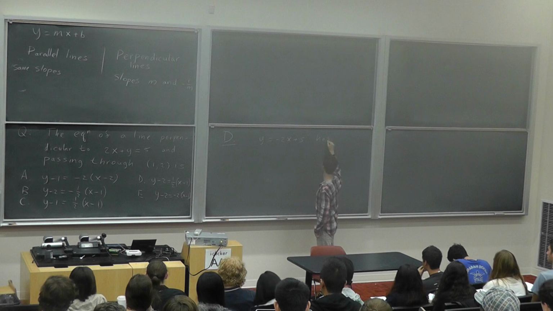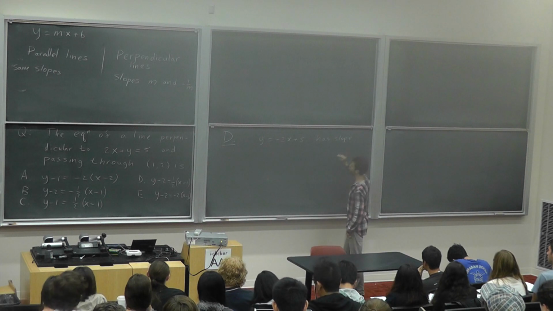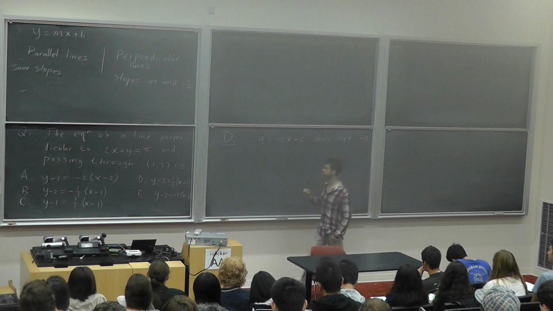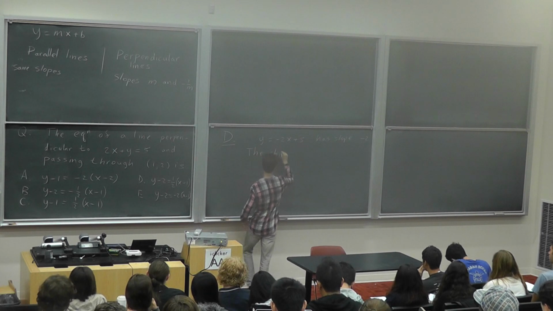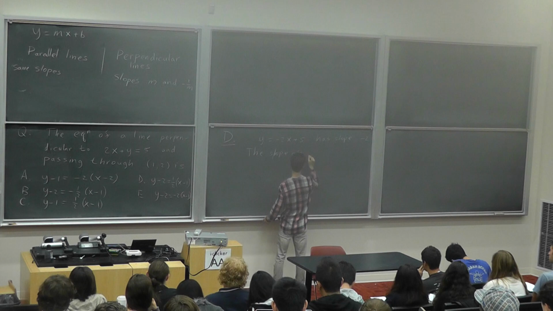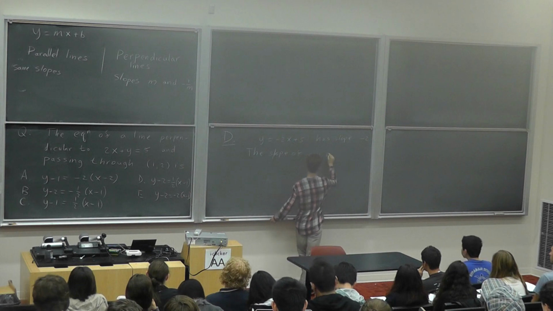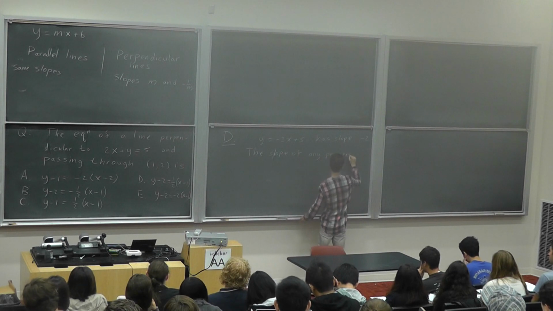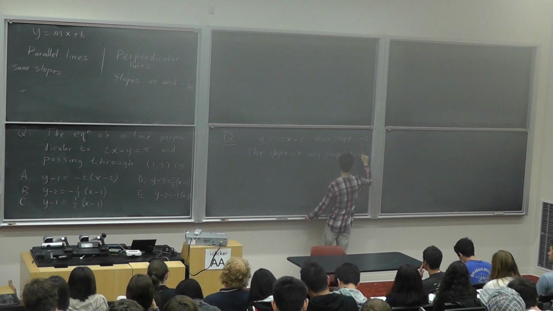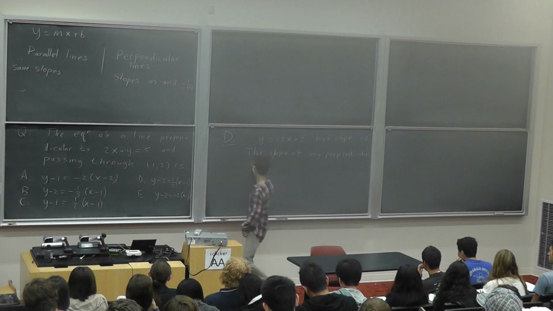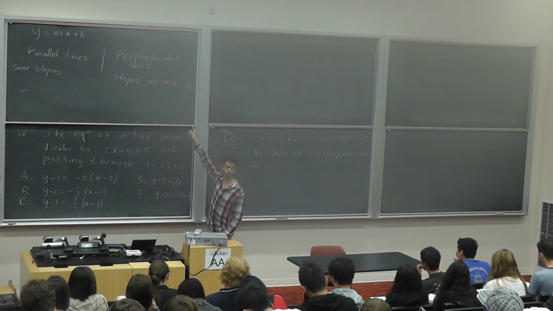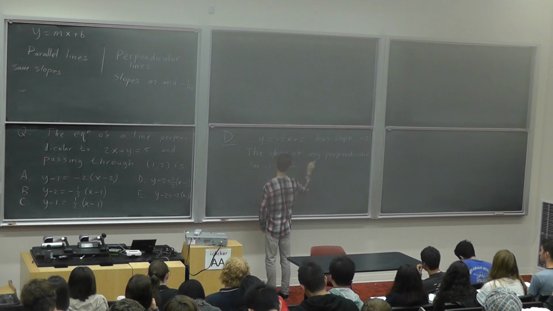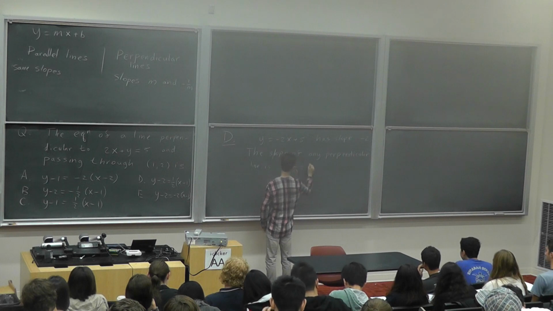This line has slope -2. So the slope of any perpendicular line is, we go to this fact, so it's -1 divided by the slope of that line, -2, so it's 1/2.